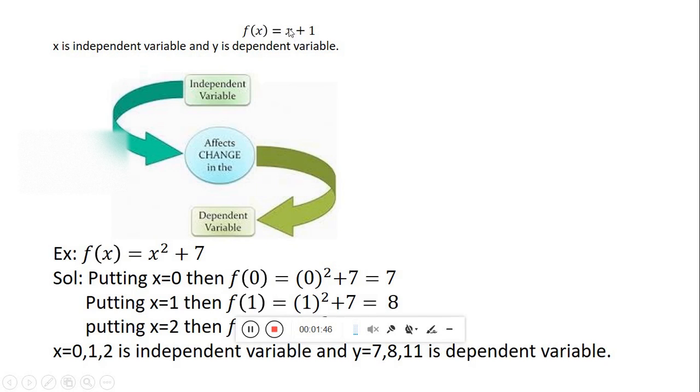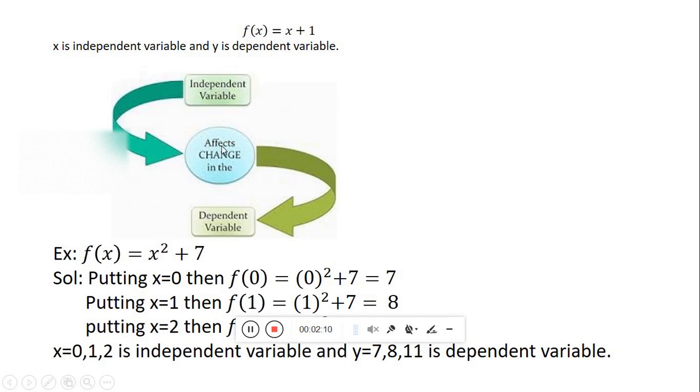If we know the value of x, then we also know the value of the function. Otherwise, if we do not know the value of x, then we do not know the value of the function. When we give an x value in the function, then we get the function value.